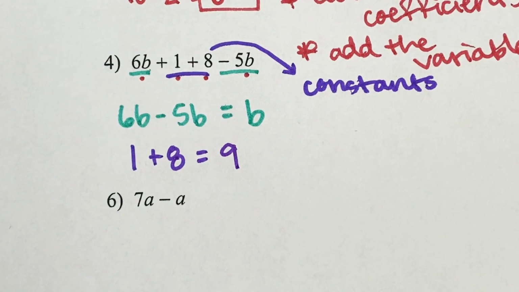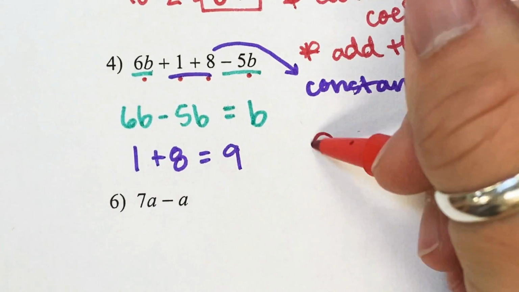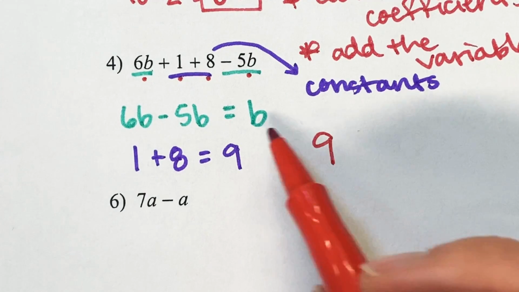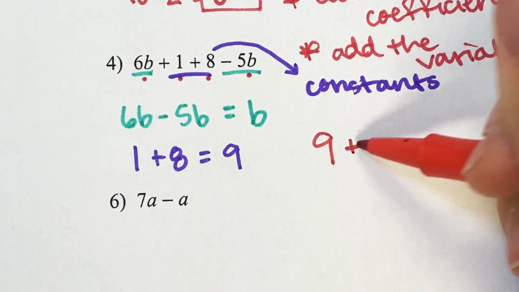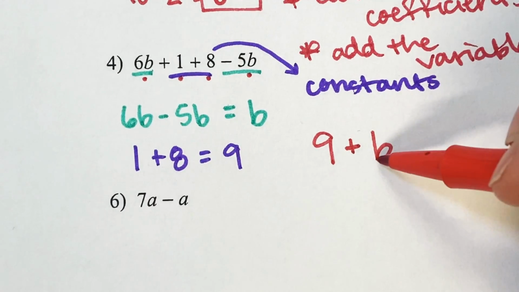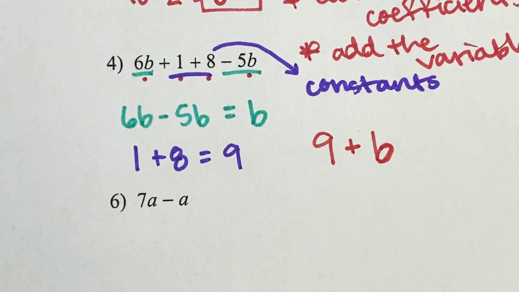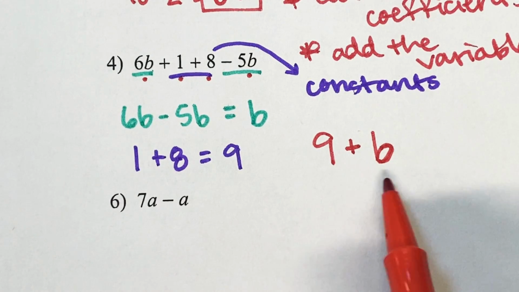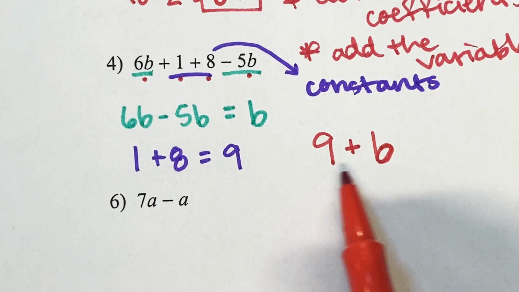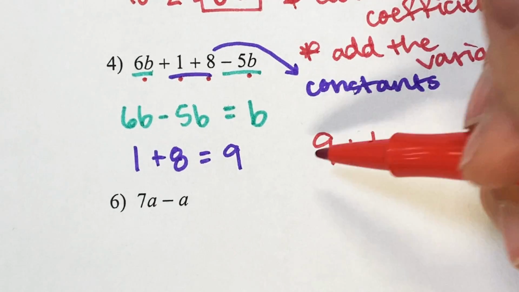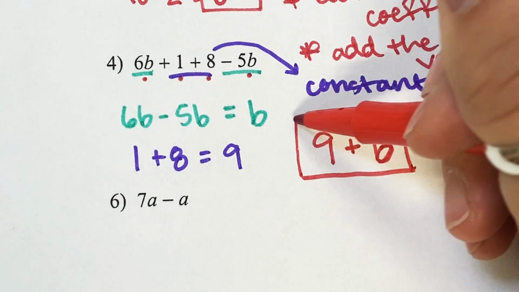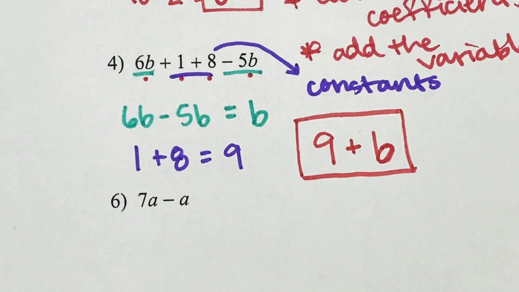We get 9. Perfect. And so that means our final answer is 9 plus 1b. We're not putting these together. These are not like terms, right? The 9 doesn't have a b. This one has a b. So that is simplified. That's our answer, our simplified expression.